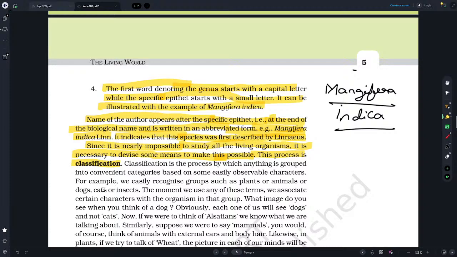And classification is a process by which we study all living things. Because we can't study every single organism and every single species, we make them into categories. That is what we call classifying, making the various species which we found into categories, and that is what we call classification.